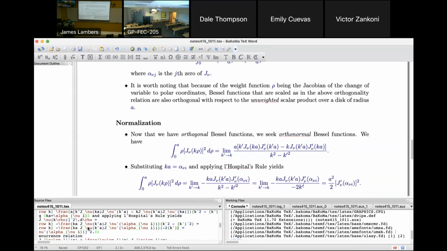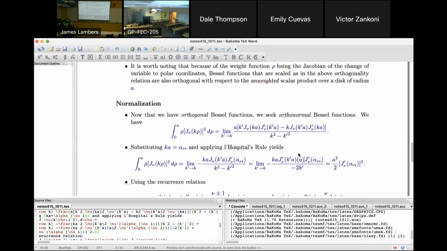So then we have J nu prime of k prime a times a. So now you can see how this ends up becoming this. So we have two of these a's. k and k prime cancel because k prime is approaching k. The minuses cancel. Still have a 2 hanging out there.